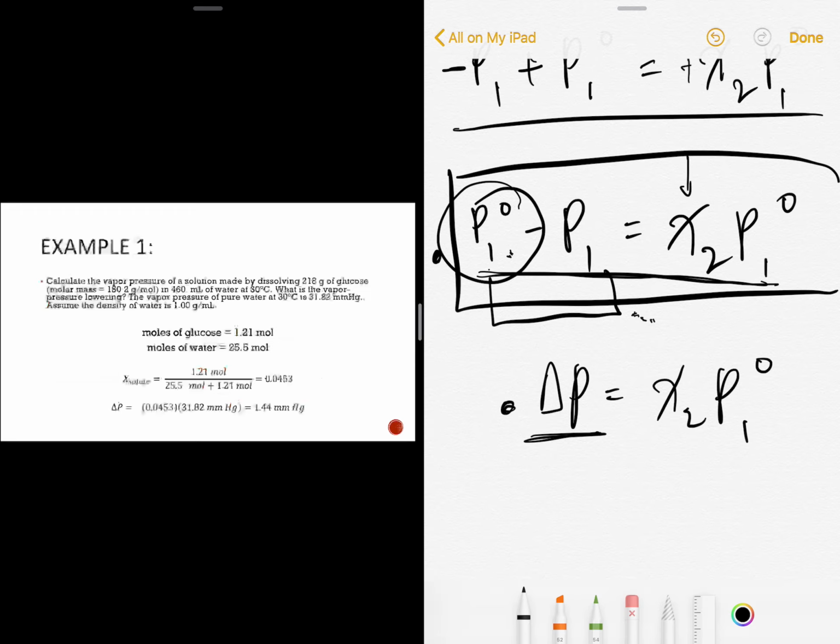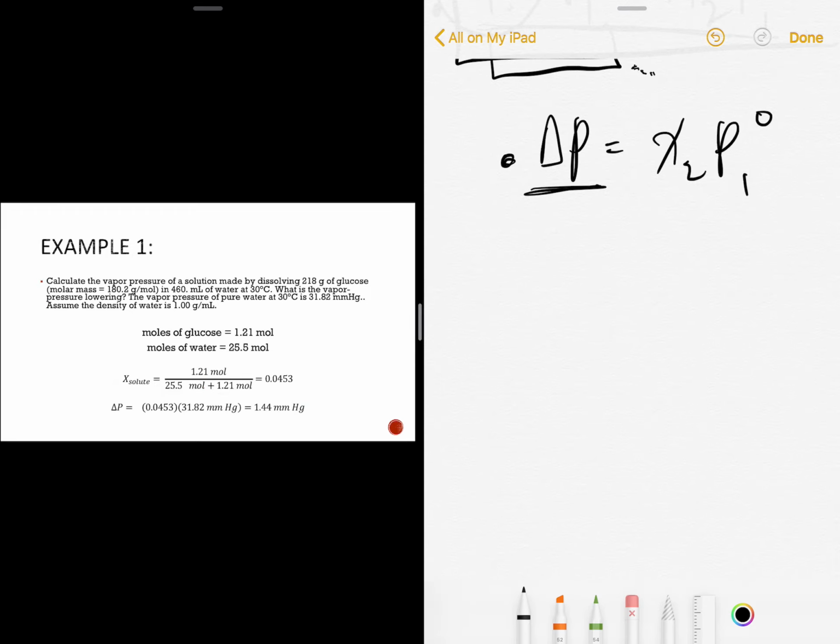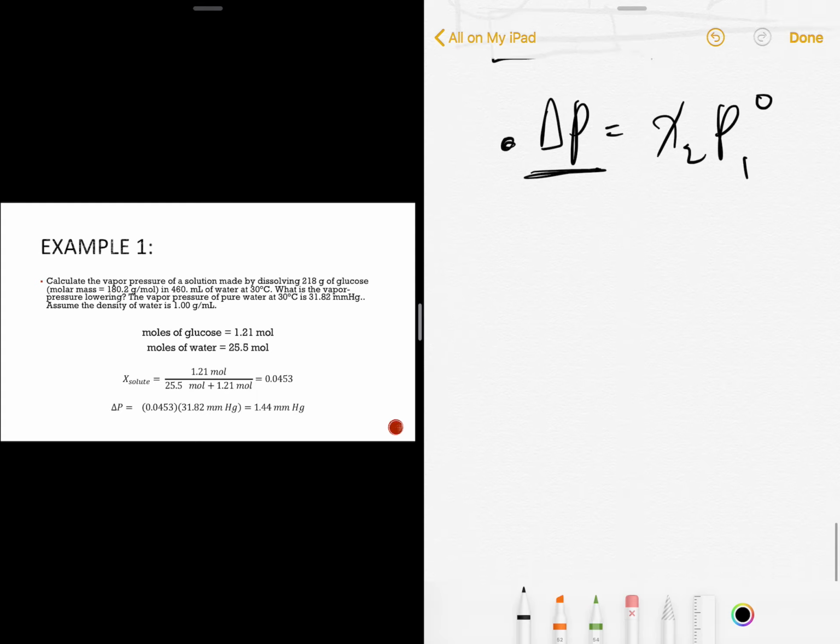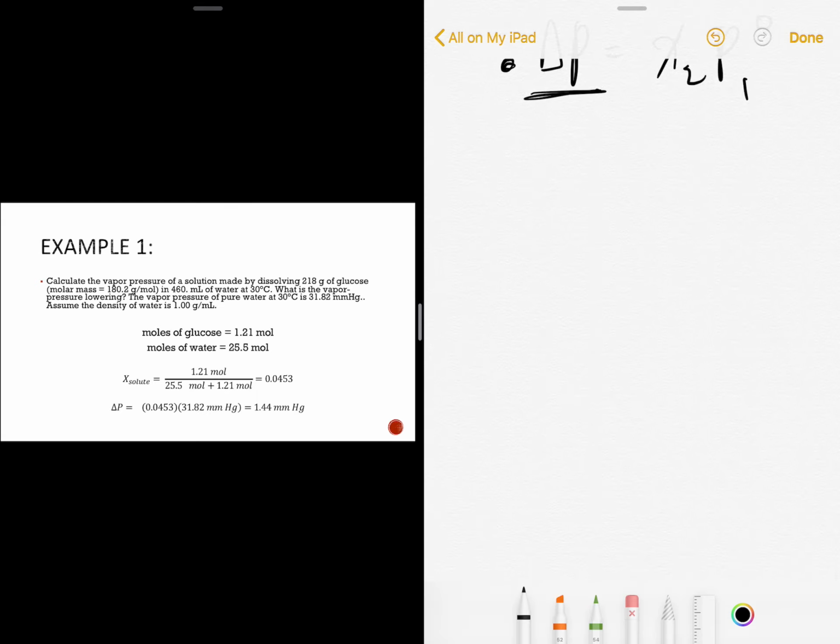So this is for example number 1. Though may sagot na siya, I'll still answer it, no? So calculate the vapor pressure of a solution made by dissolving 218 grams of glucose.